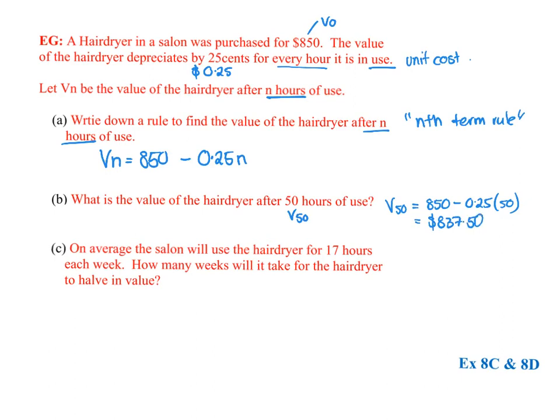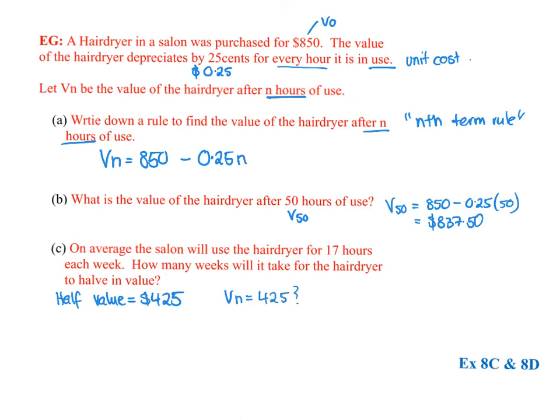$837.50. On average, the salon will use the hairdryer for 17 hours each week. How many weeks will it take for the hairdryer to halve in value? So first of all, what's half the value? Good, 425, because half of 850. So really what you're saying is you want to find when Vn equals 425.